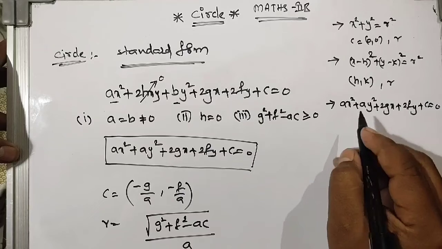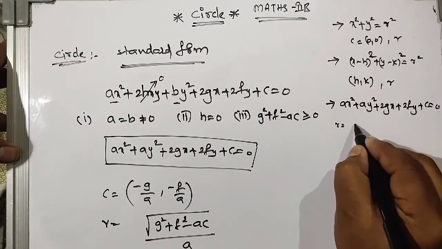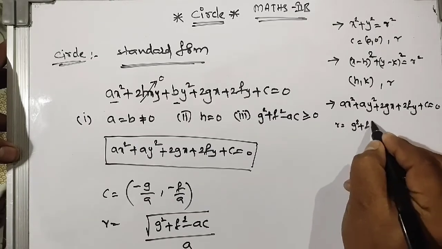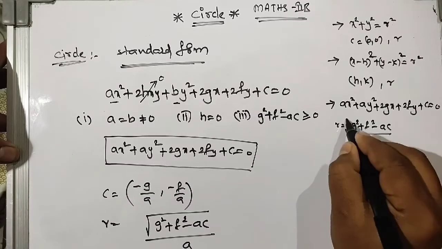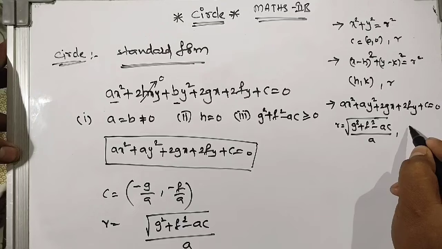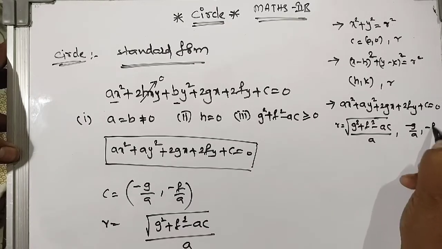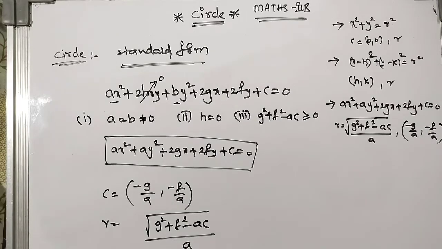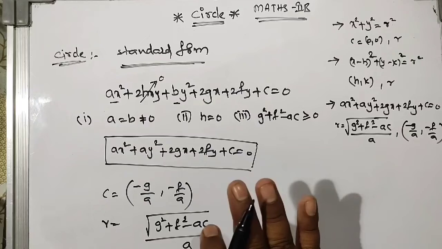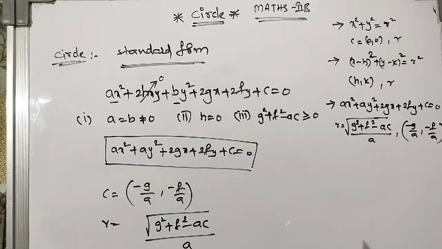Then its radius r is equal to the square root of (g square plus f square minus ac) by a, and the center is (minus g by a, minus f by a). So these three are the basic equations of the circles and the center and radius formulas.